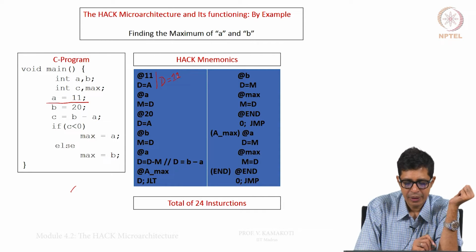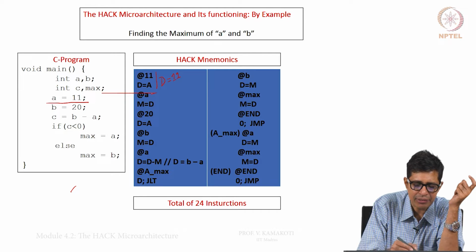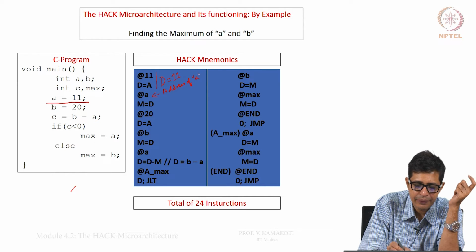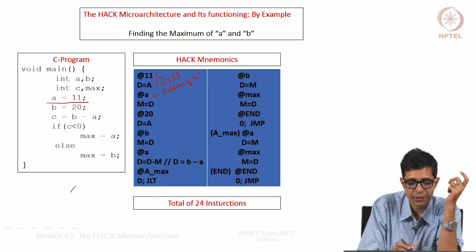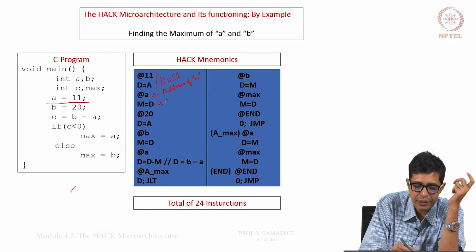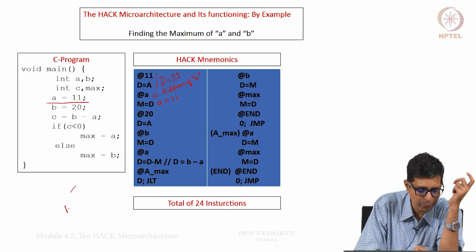Now, let us assume that A is stored somewhere. So, @A is the address of A. M equal to D. So, now A becomes 11. M means M of whatever is stored in the address register, that will now become D, and D is 11.